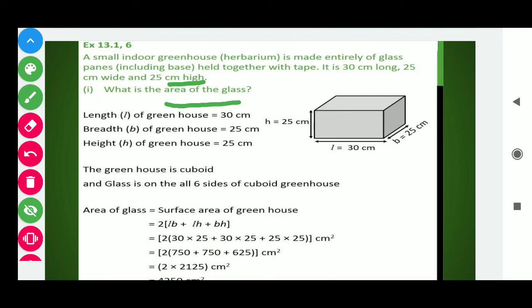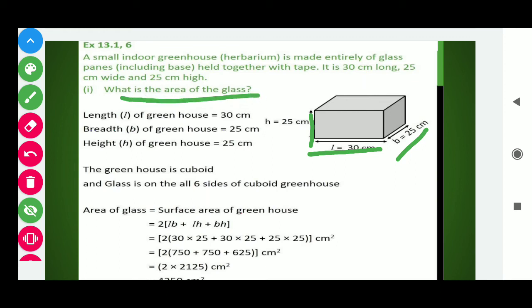Students, in this question we have a small indoor greenhouse, and we have to include the base as well, held together with tape. The length is 30 centimeter, the breadth is 25 centimeter, and the height is also 25 centimeter. What is the area of the glass?